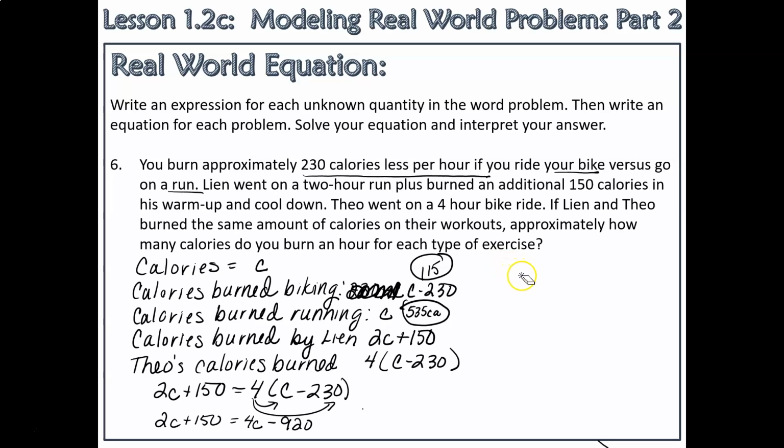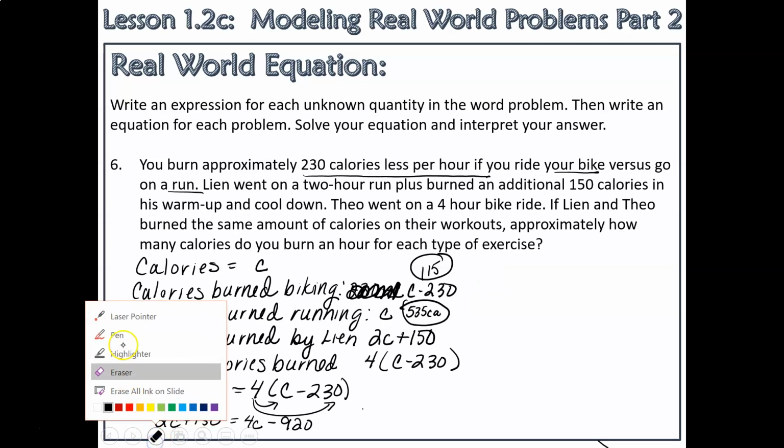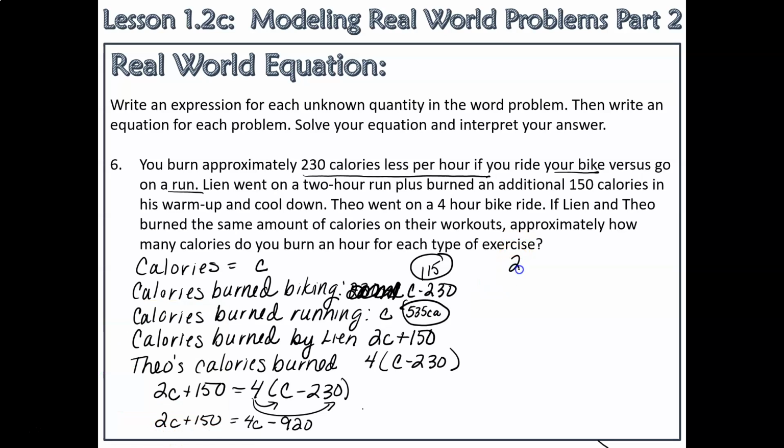I'm going to take Lien's, and his expression is 2C plus 150. So I'm going to take 2 times 535 plus 150. You only need to take one of them because we know that they're the same.